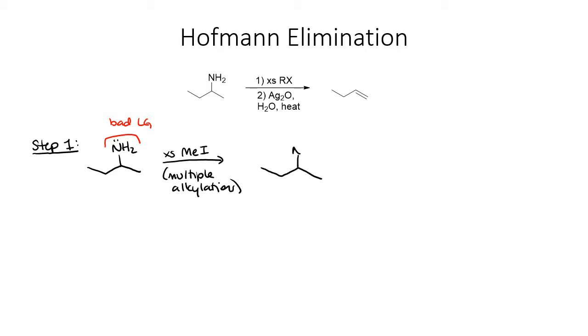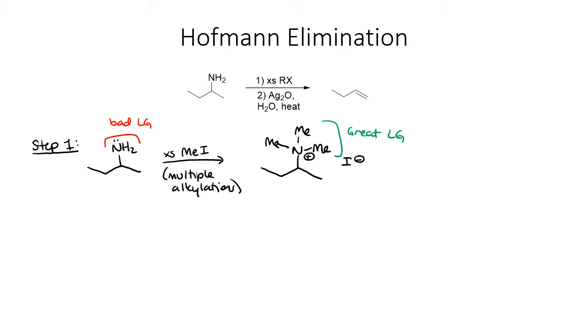After all of the alkylations, we will end up with a nitrogen that has 3 methyl groups attached, as well as a positive charge. Now we've turned it into a great leaving group. And this charge will be stabilized by the iodide ion.